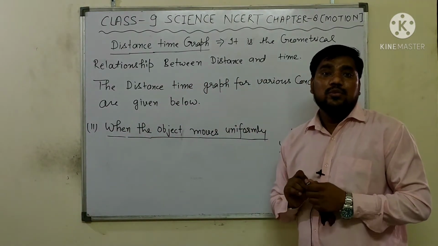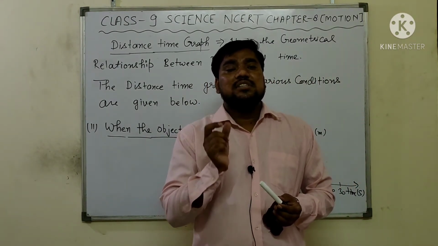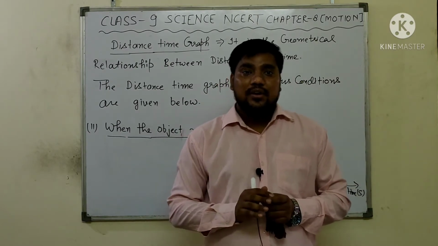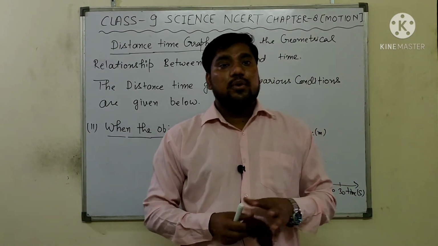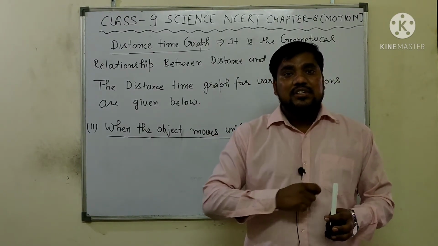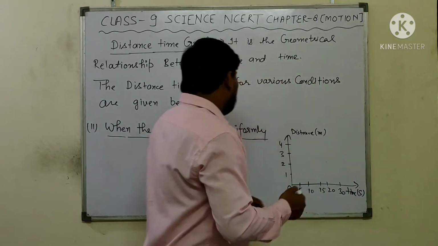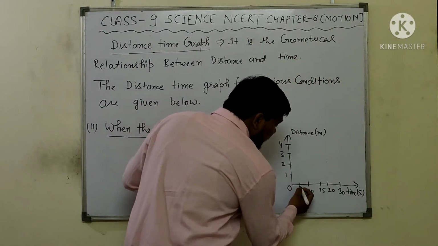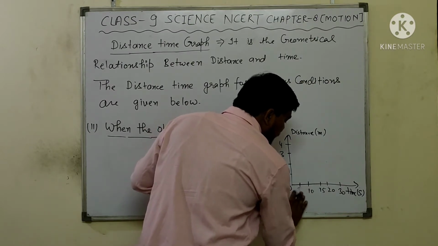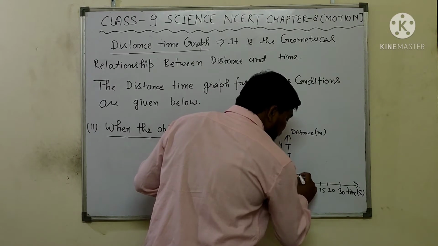Uniform motion means whenever an object travels the same distance in the same time interval, this kind of motion is called uniform motion. So in this graph we are plotting an object which is moving uniformly. In the first time interval it travels, let's suppose, 1 meter.